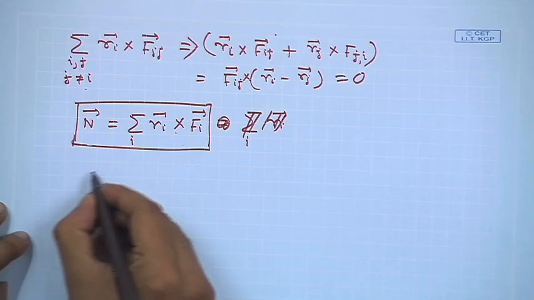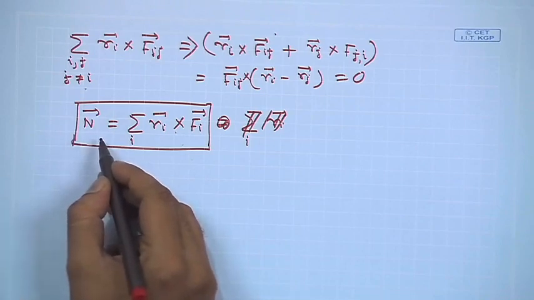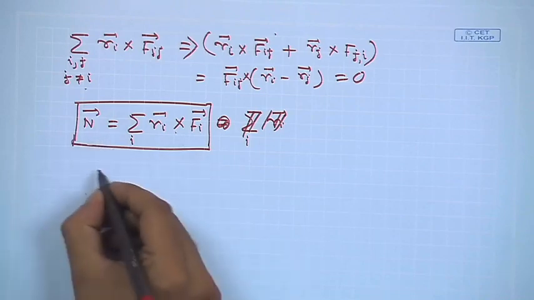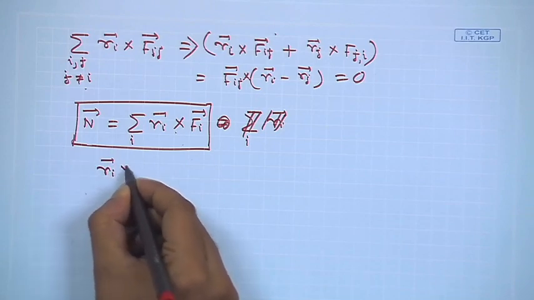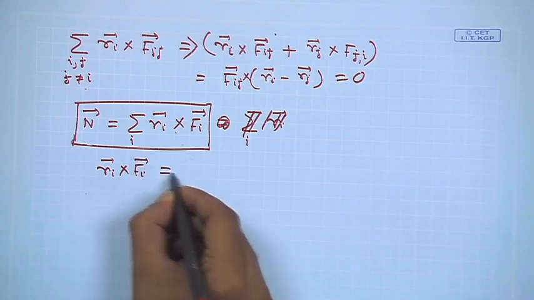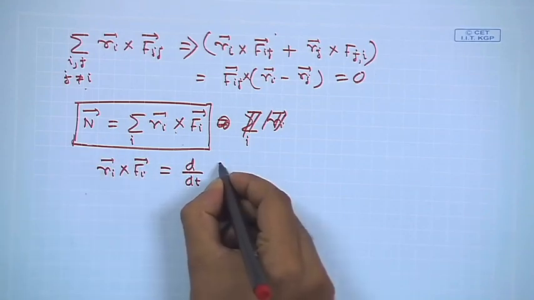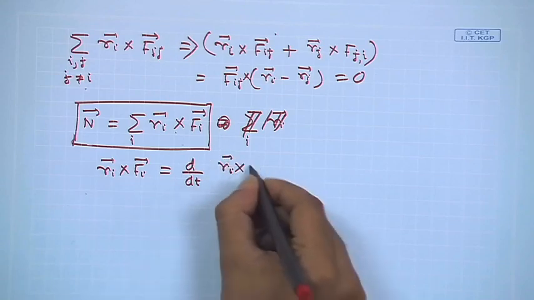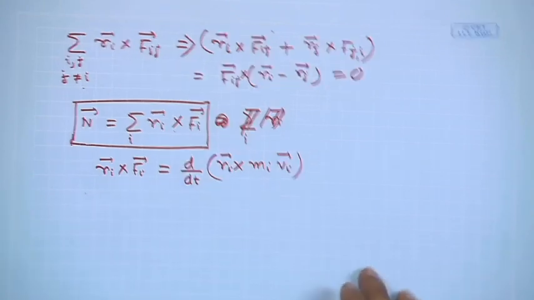There is a relation which connects the total external torque with the angular momentum, and that relation for the ith particle is r_i cross F_i, which is the torque of the ith particle, equal to d/dt of r_i cross m_i v_i, which is the angular momentum of the ith particle.